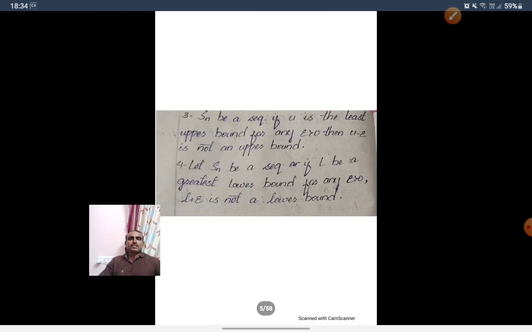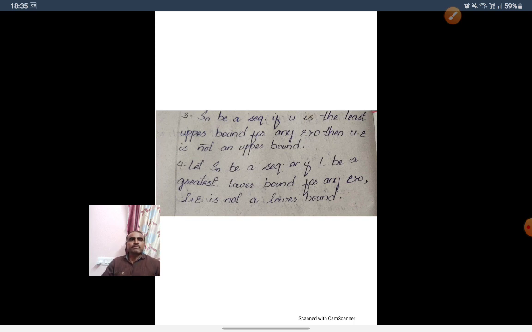Let Sn be a sequence. If u is the least upper bound, then for any epsilon greater than 0, u minus epsilon is not an upper bound. Observe the definition of least upper bound: if u is the least upper bound, then no other value less than u is an upper bound for the sequence.